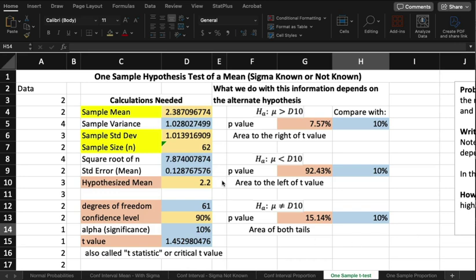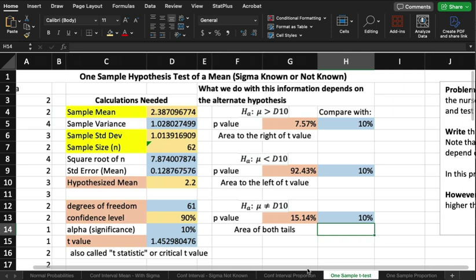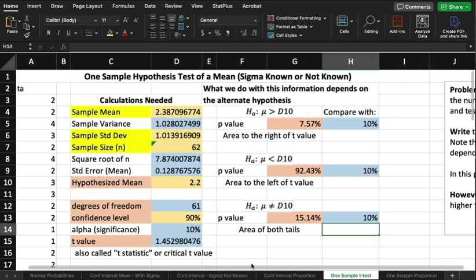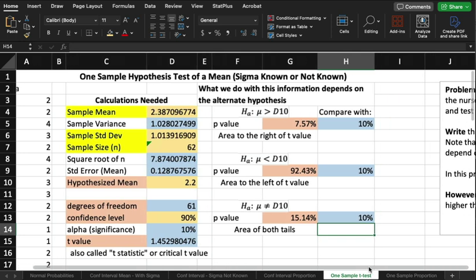This is a continuation of a topic that we started in the previous video. It's probably going to be 3 videos in all that we're going to use to solve this problem that we were given to perform a hypothesis test when there was a claim made about the mean in a certain situation.